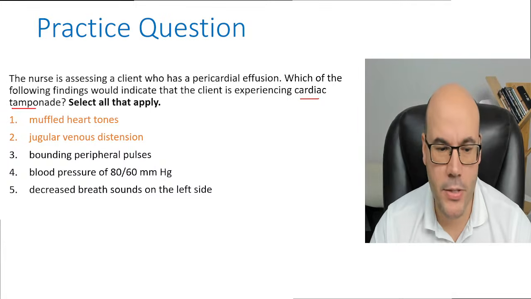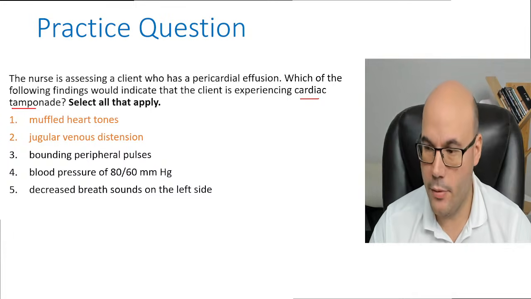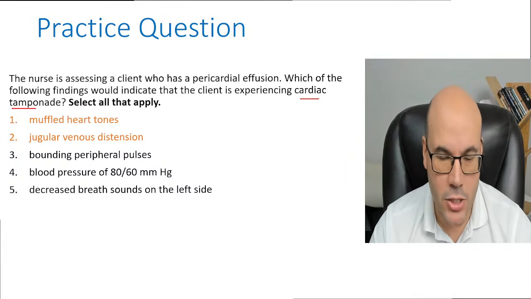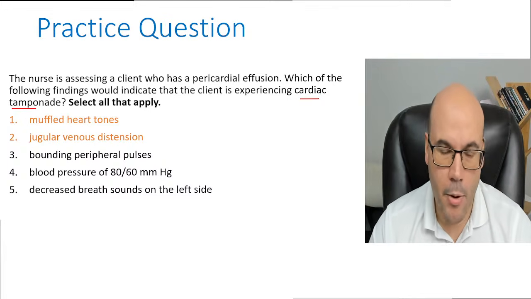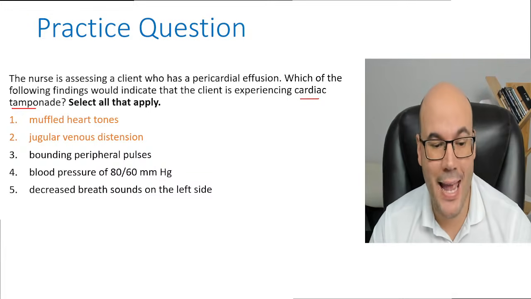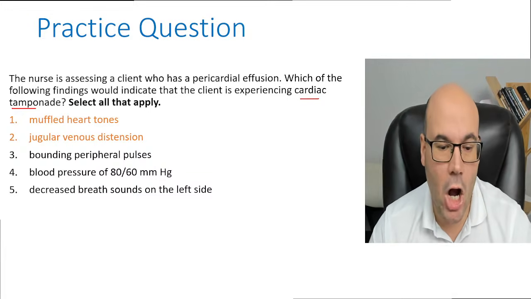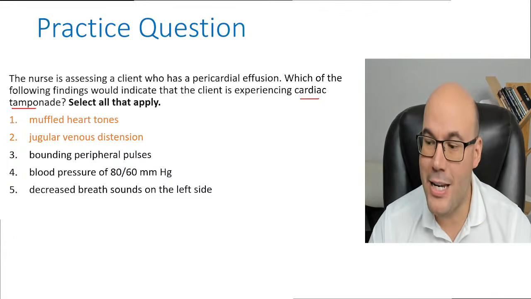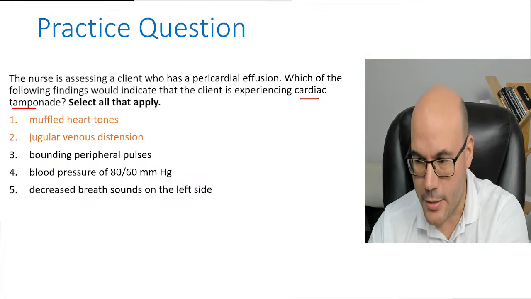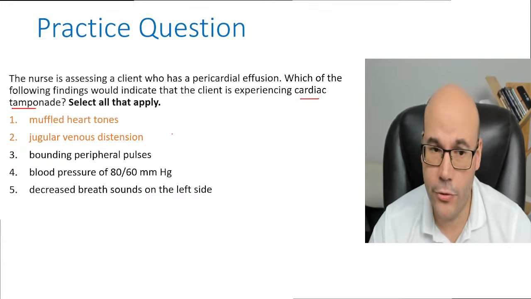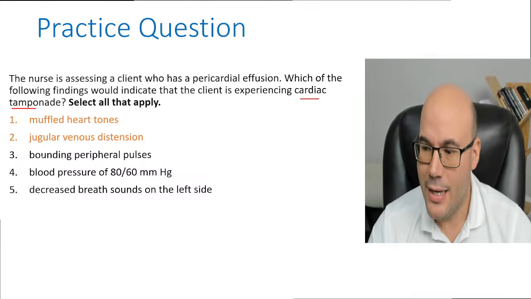Bounding peripheral pulses is more associated with fluid overload, also with hypertension, fever, anxiety, okay? But in cardiac tamponade, remember that this condition causes a decrease in the cardiac output, and the patient is likely to have weak, thready pulses, not bounding peripheral pulses. So it's the contrary, okay?